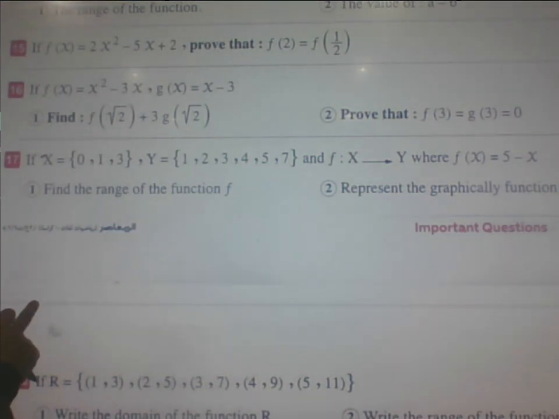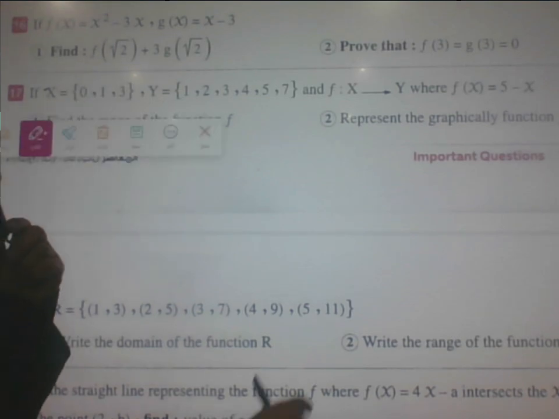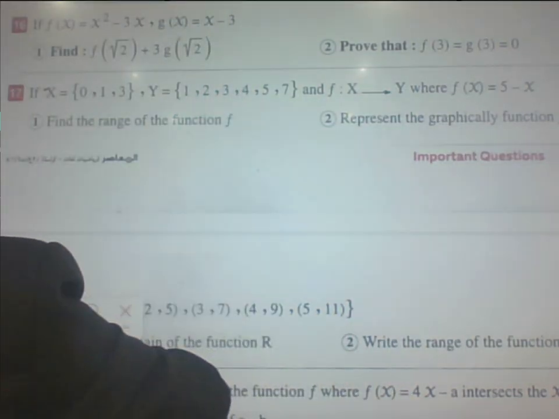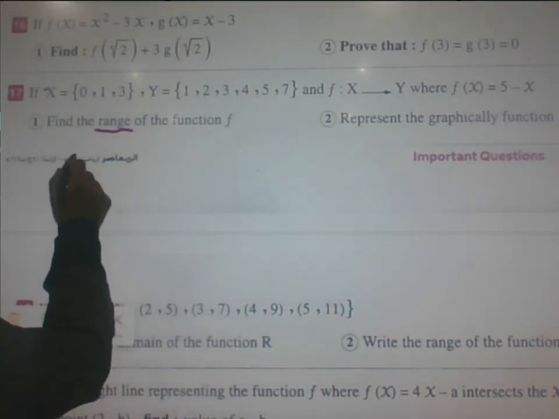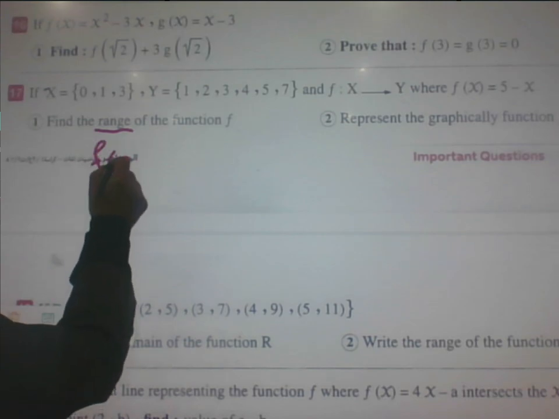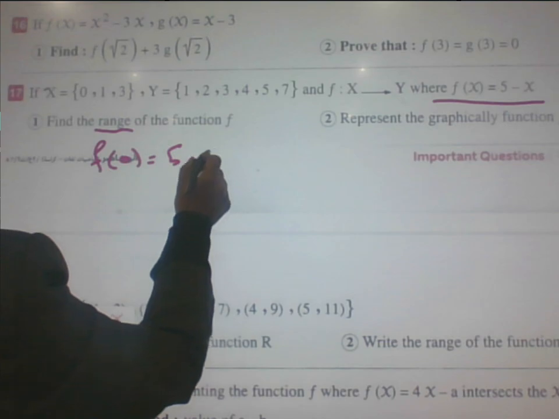Next, question number 17. We have x and y, the relation between them. Given the function f of x equals 5 minus x, you want to find the range. First, I will find f of 0 in this function: 5 minus 0 will be 5.